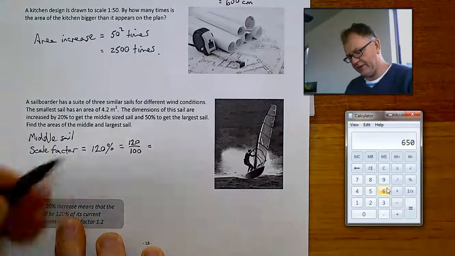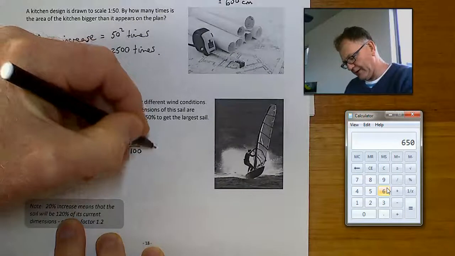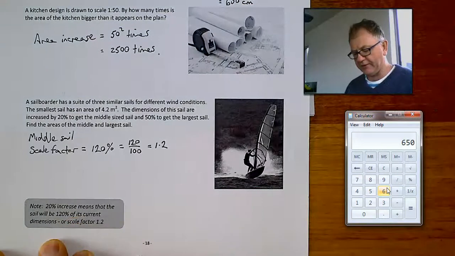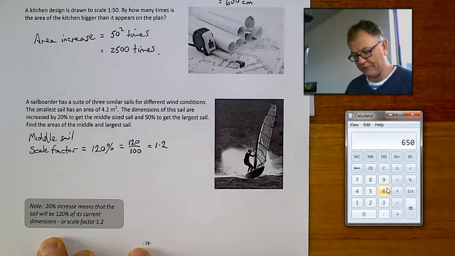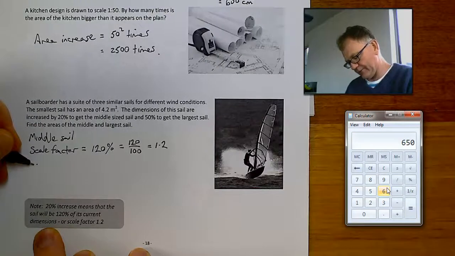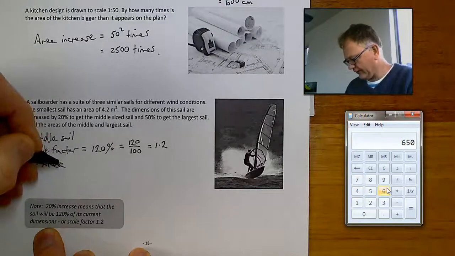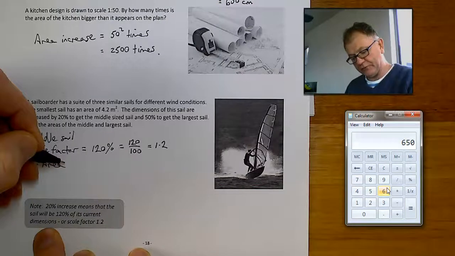You could do it on your calculator or just move the decimal place, which equals 1.2. So the scale factor to get that middle size sail is 1.2. All its dimensions are multiplied by 1.2. But what does that do to its area? The area is going to be increased by 1.2 squared.